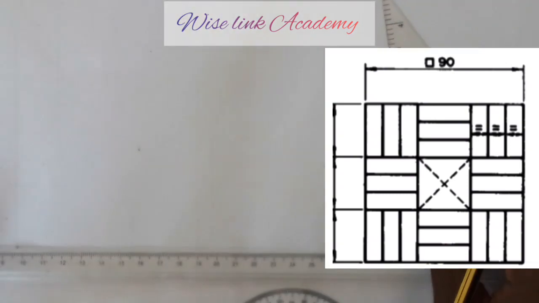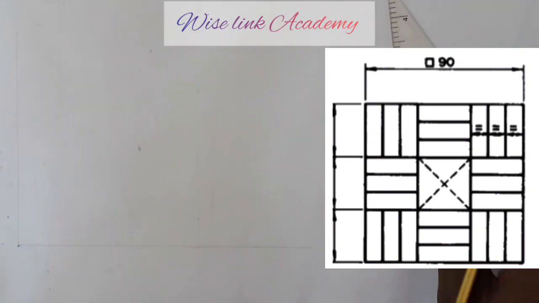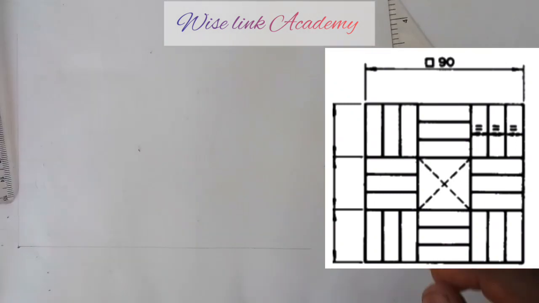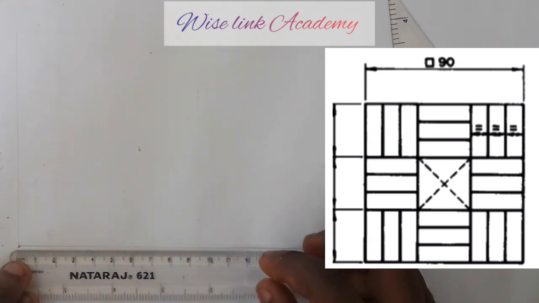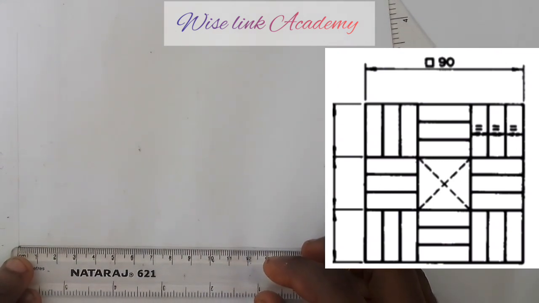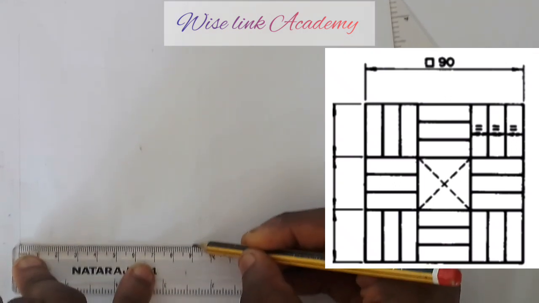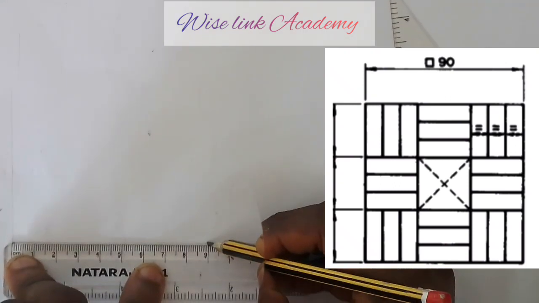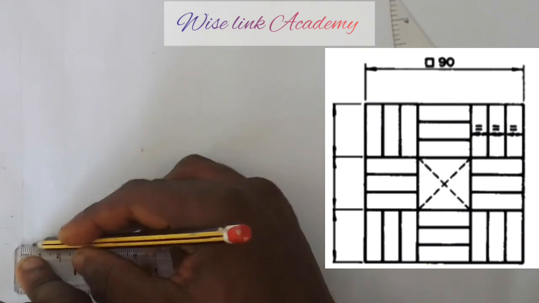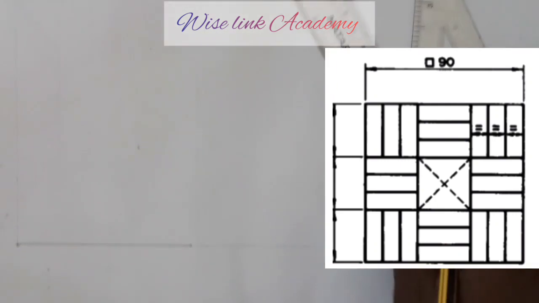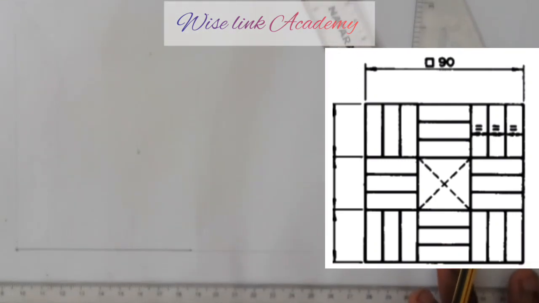You have this. The next task to do is to establish what? That's 90. So from this point to this point is 90. That's the next thing to do. I haven't done this.